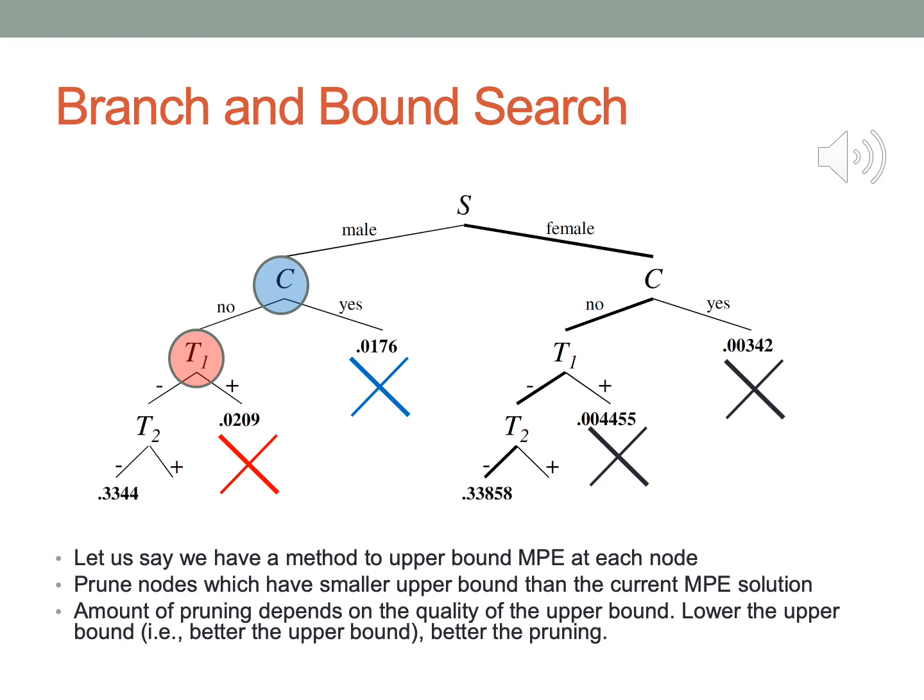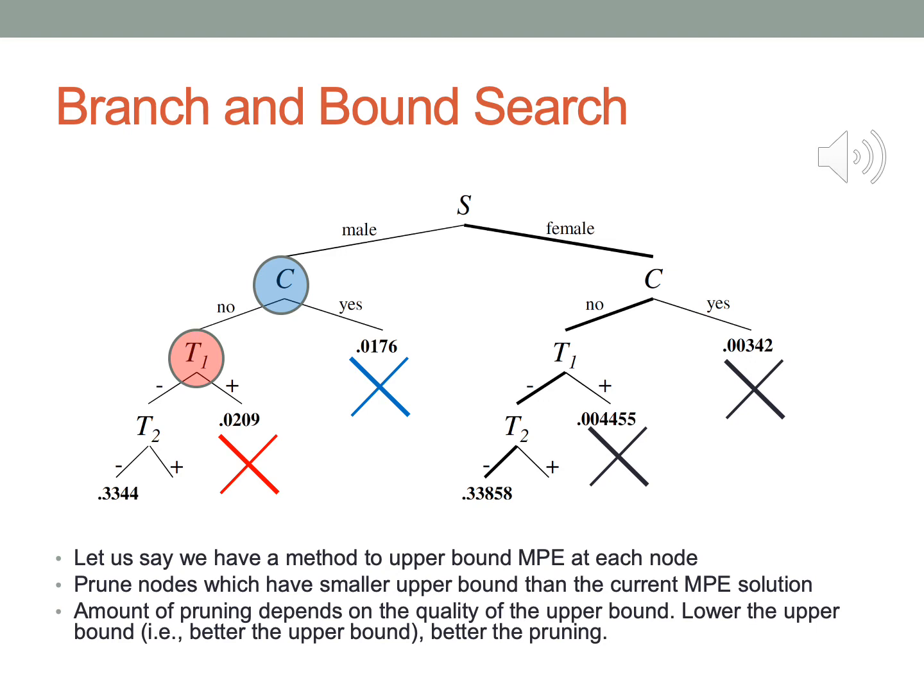Let us say that we have a method which tells us that the upper bound when T1 is assigned the value positive is 0.0209. Remember, we are interested in the maximization problem, not a minimization problem, right? So the maximum value of the leaf node is what we want.